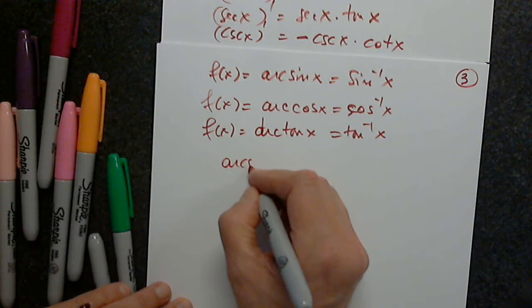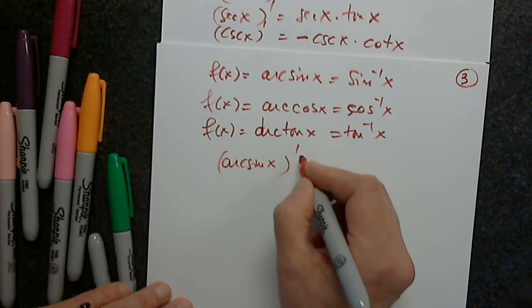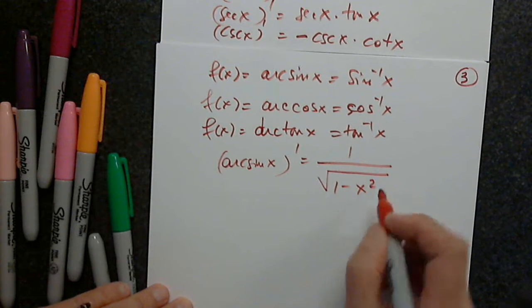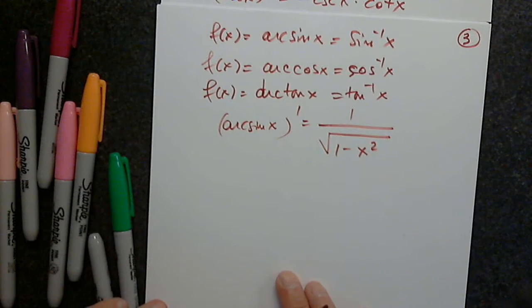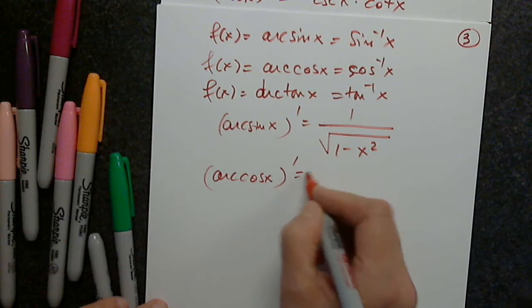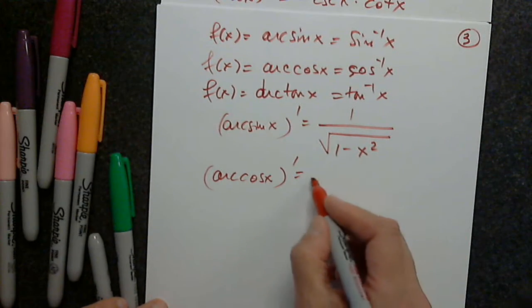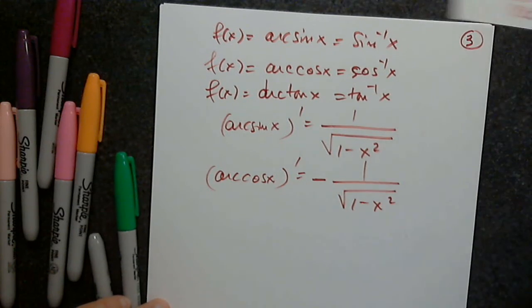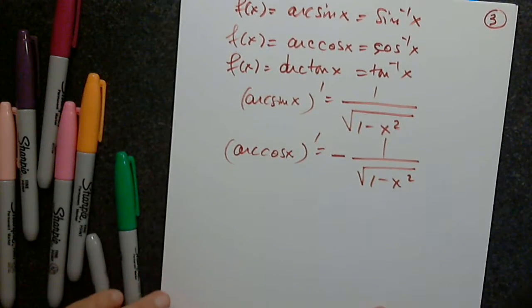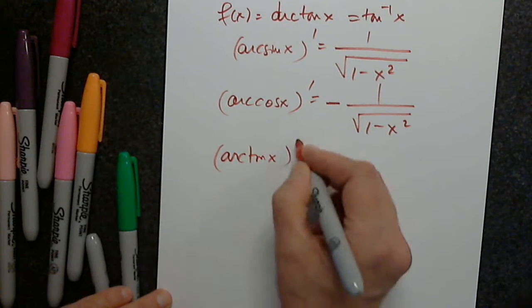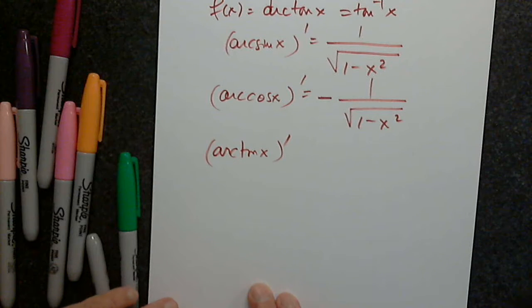So arc sine prime is 1 over the square root of 1 minus x squared. Arc cosine x prime is identical but with a minus in front. And this is the function that I've been torturing you with a lot. Remember, that's one of the reasons why we remember the graph.